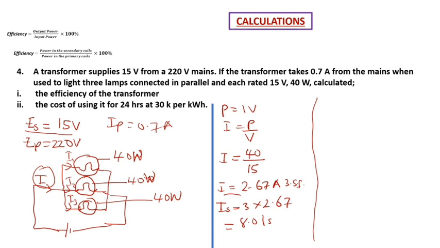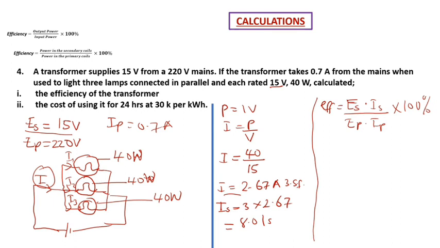So let's calculate the efficiency of the transformer. The efficiency of the transformer would be the power in the secondary, or power output, and that would be the voltage in the secondary circuit, ES, times IS, all over EP times IP, times 100%.